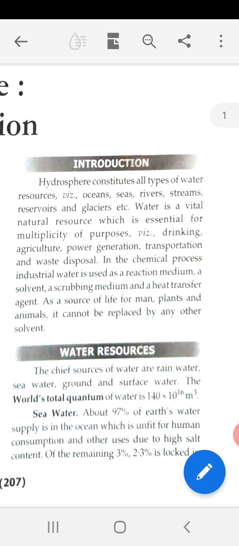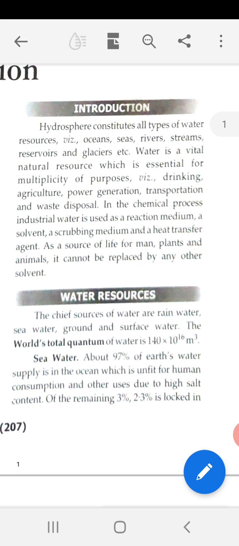Hydrosphere consists of all types of water resources, namely oceans, seas, rivers, streams, reservoirs and glaciers, etc. Water is a vital natural resource which is essential for a multiplicity of purposes, namely drinking, agriculture, power generation, transportation and waste disposal.